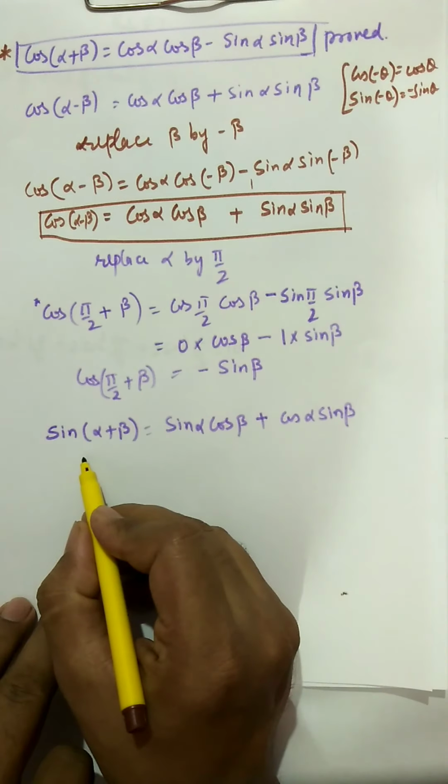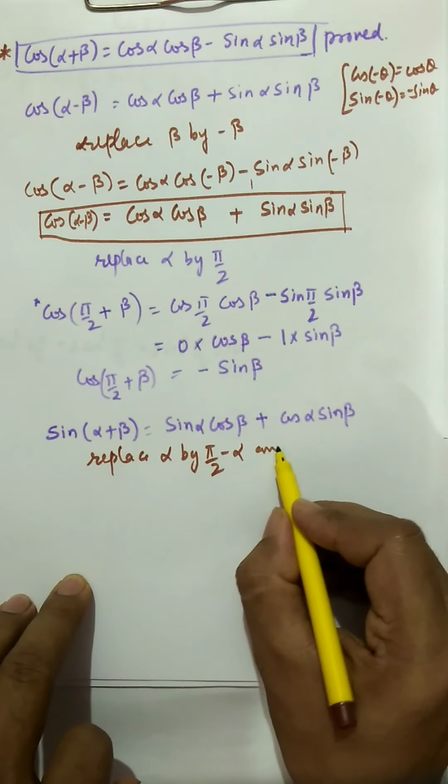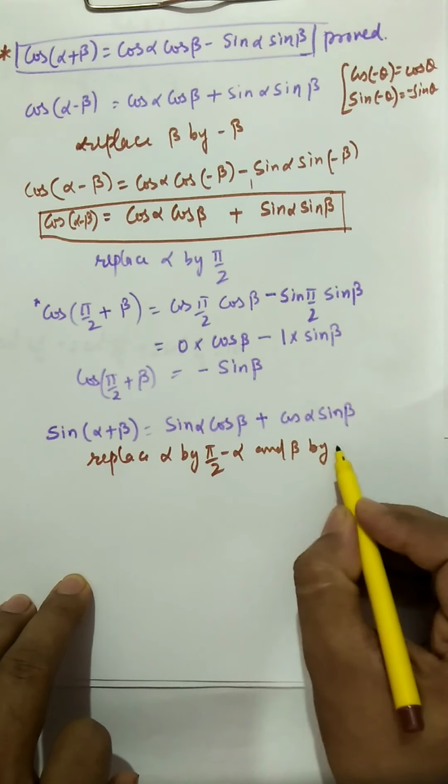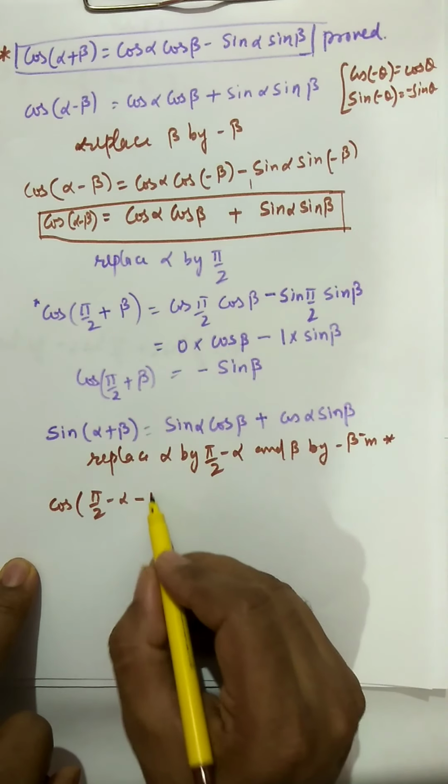So we replace alpha by pi by 2 minus alpha and beta by minus beta in the star formula. So we substitute in this. You see, cos, alpha is replaced by pi by 2 minus alpha, and beta is replaced by minus beta.